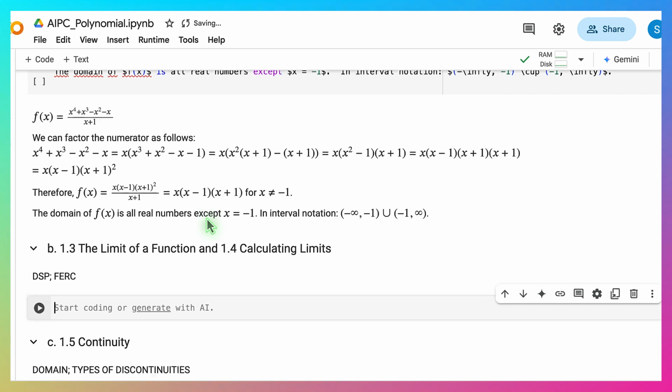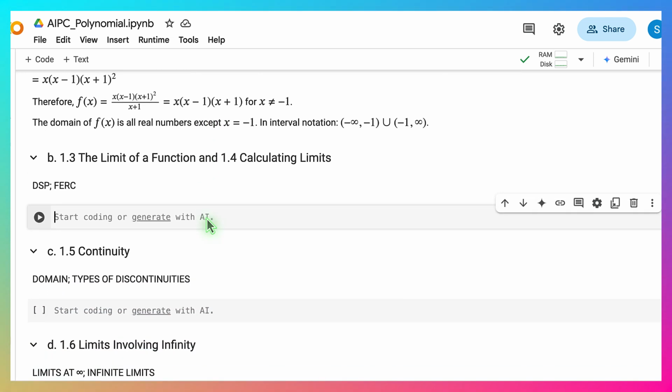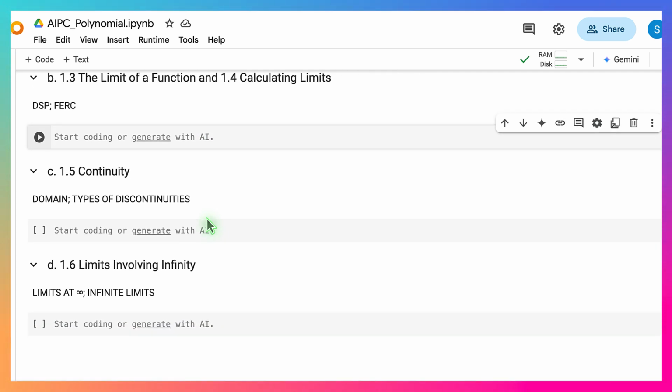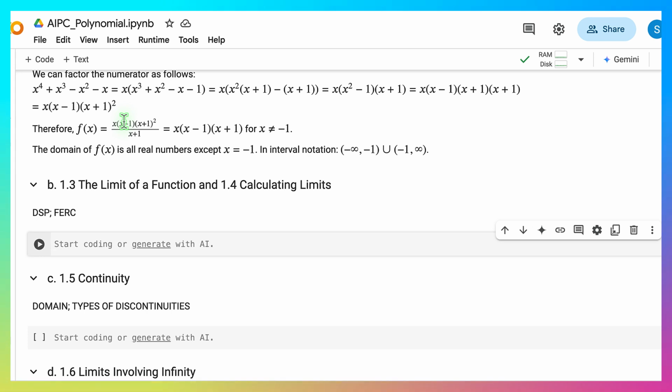The next thing we like to do is use this Jupyter notebook to find the limit of the function, right? That's our next thing. So where are we going to find the limit? We know that this function has a domain that's everywhere except -1. So we find the limit anywhere but -1. That's just a DSP: plug it in, evaluate, you're done.